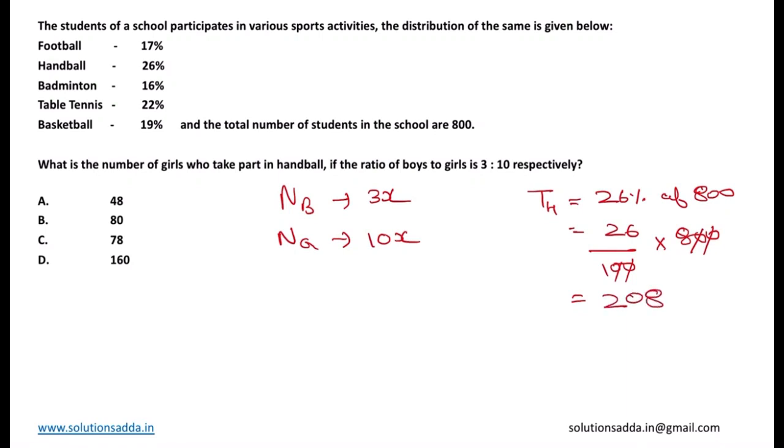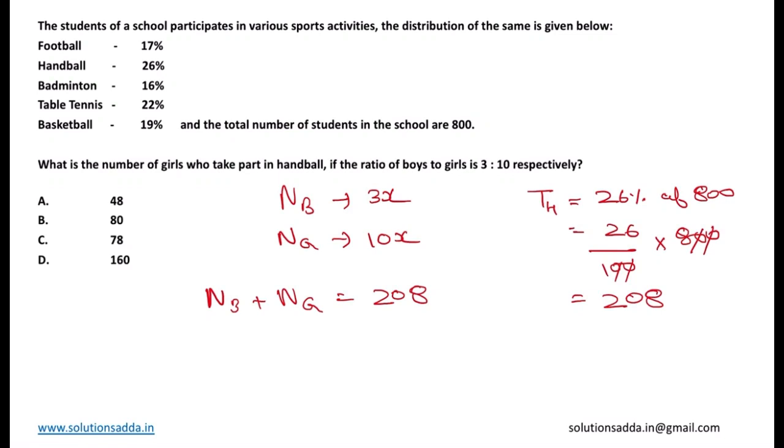So total number of students in handball is 208. Therefore number of boys in handball plus number of girls in handball is 208. And since the ratio is given to us as 3:10, therefore number of boys is a multiple of 3, and number of girls is a multiple of 10, of a constant x.